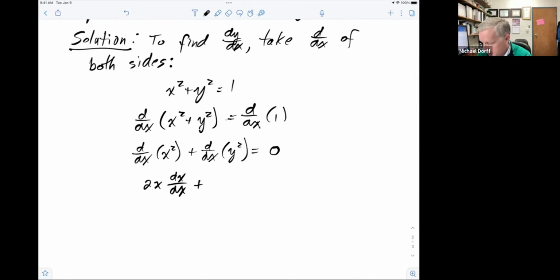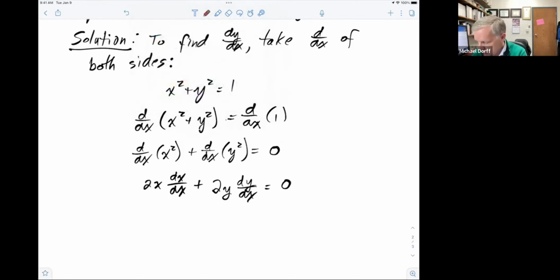So the derivative there would be, by the power rule, 2y. And now I'm going to have a dy/dx. I have a y on the top because the y squared that I took the derivative of, I'm putting that y term on the top. But in the previous one where I had the x squared, I put the x on the top because it was x squared I was doing. All right, so I have that equals 0.